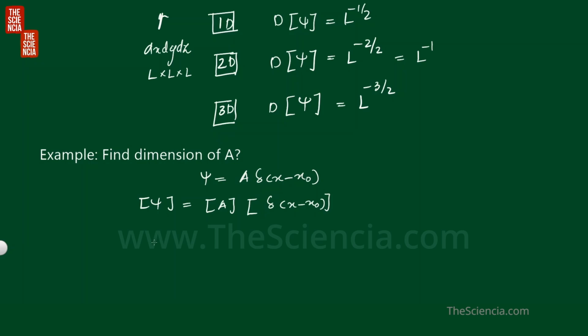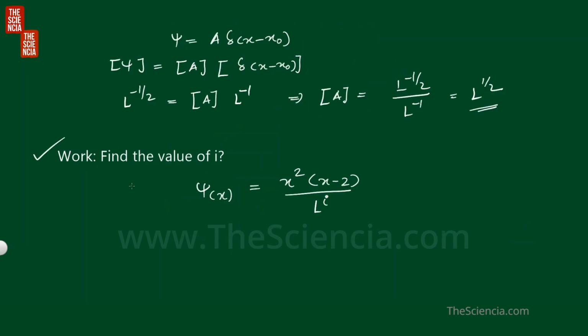So for a 1D wave function, the dimension is L raised to minus half, equal to the dimension of a times the dimension of the delta function, L raised to minus 1. Rearranging, the dimension of a is L raised to minus half divided by L raised to minus 1, that is L raised to half.